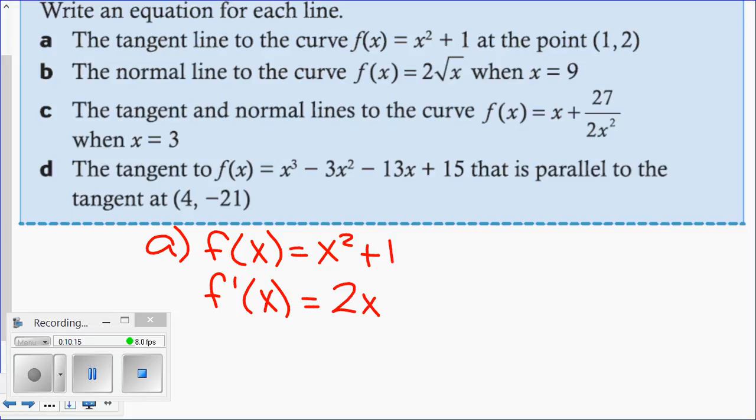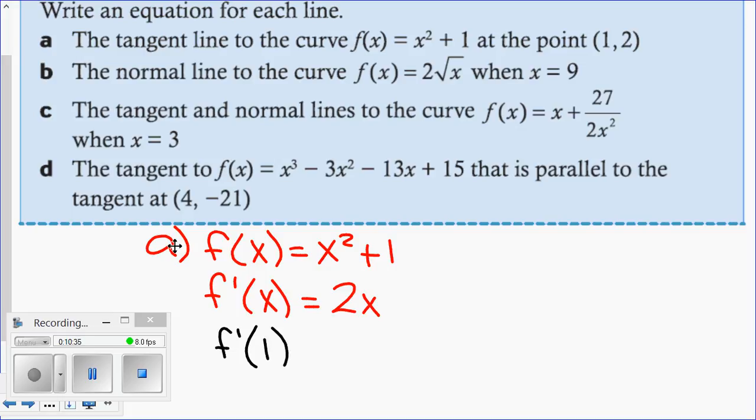We have an equation now to find that slope. So we are going to take the derivative when x is what? 1. Isn't that the x at our point?